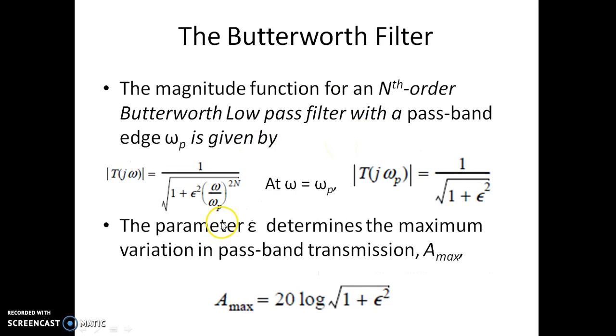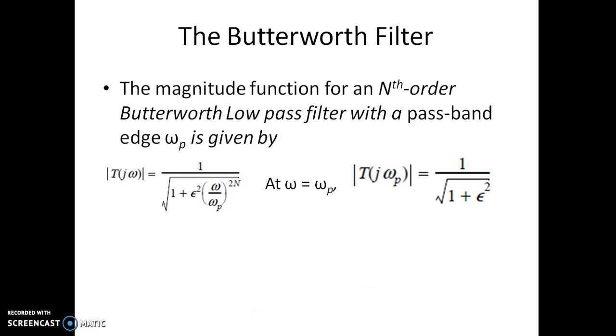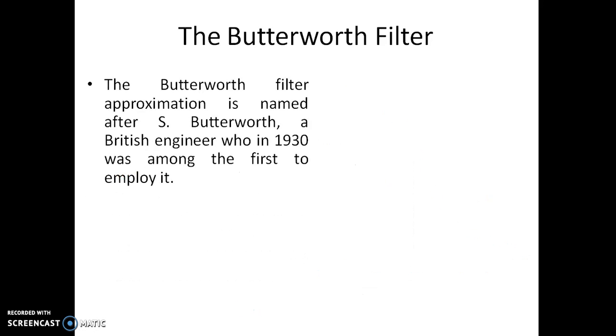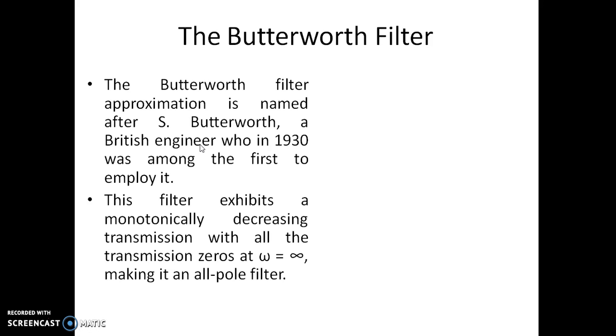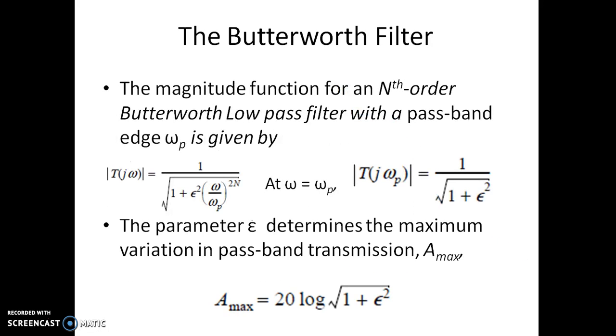The parameter epsilon determines the maximum variation in the passband transmission. So as we saw in the previous example, transfer characteristics, this is what is Amax. So this Amax, the maximum allowed variation in the passband, is decided by this epsilon. So that's what is written here.